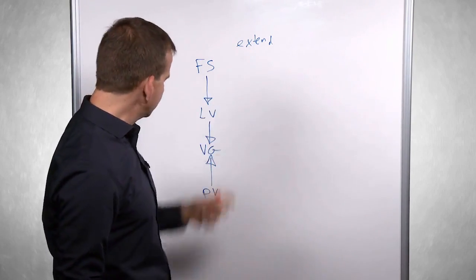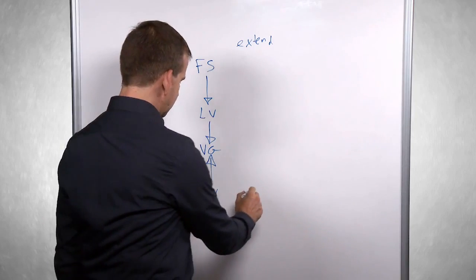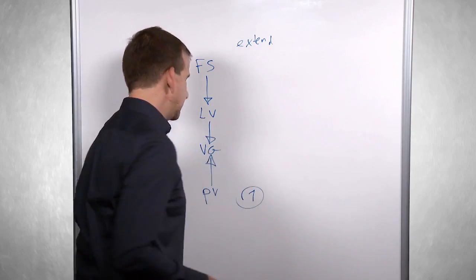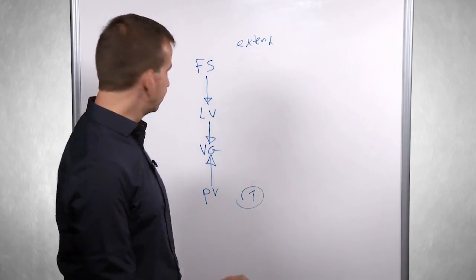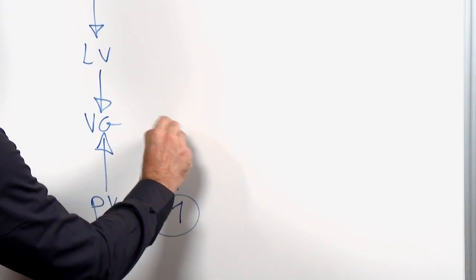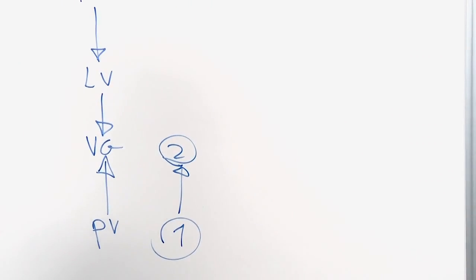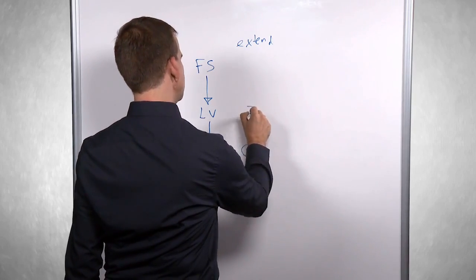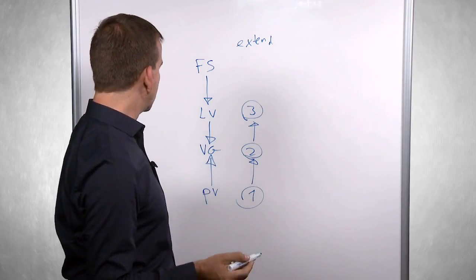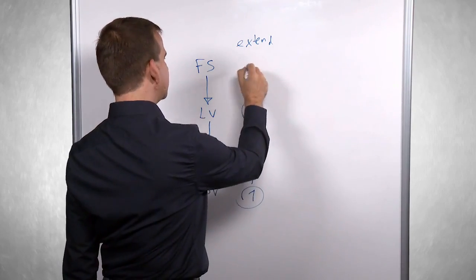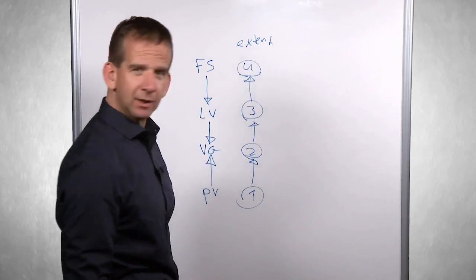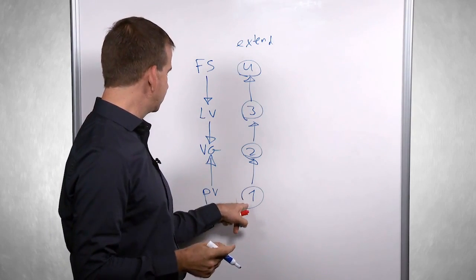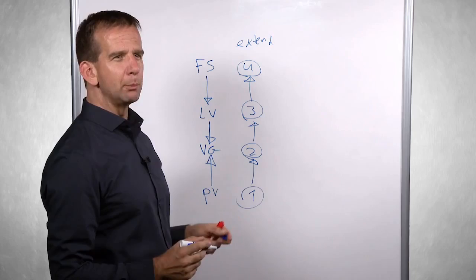So to make your file system bigger, it can happen that you need to start all the way from the physical volume. So first you need to create a new physical volume. Next, you need to assign the new physical volume to the volume group. Once it is in the volume group, you can grow the logical volume. And once you have grown the logical volume, you can extend the file system as well. So that's an extend operation. The extend operation starts with the physical volume and goes all the way up.